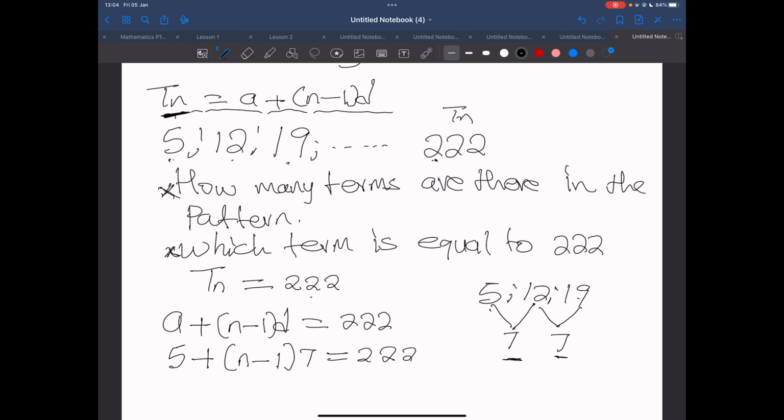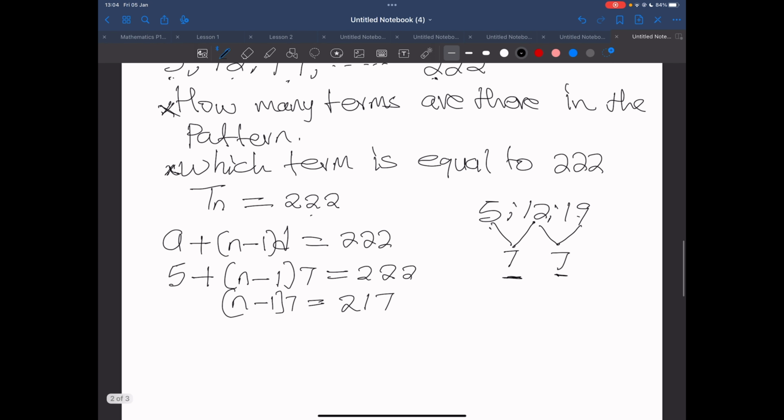Now taking the 5 that side, we have n minus 1 into 7 equals 222 minus 5. So 222 minus 5 is 217. So it is 217.